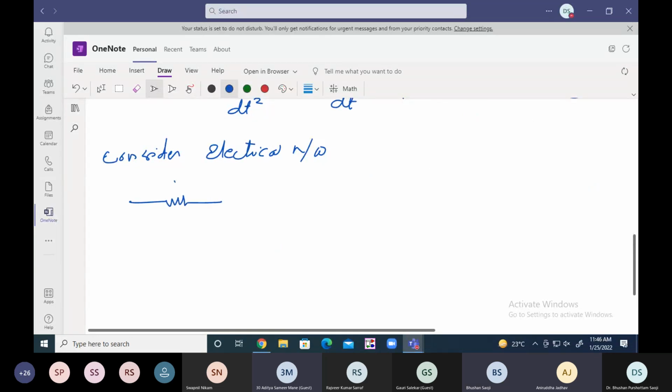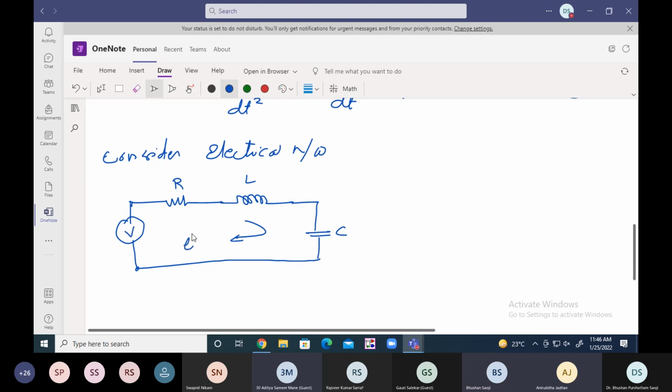This is R, this is L, and this is C. To this circuit the voltage is applied, and here the current is I of t.